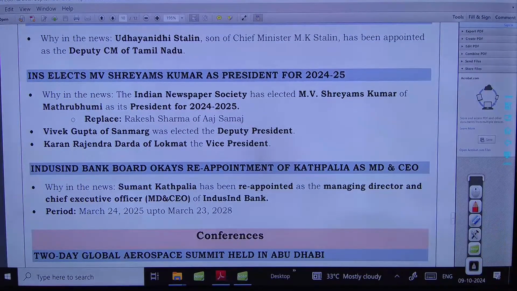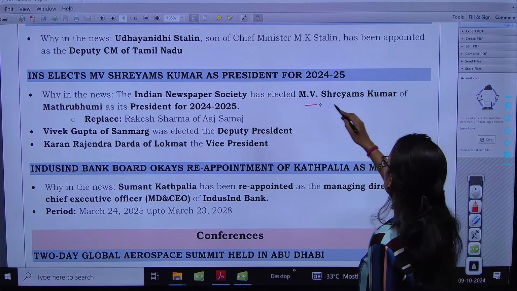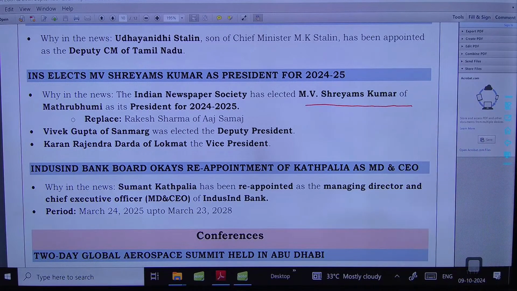Then you have Indian Newspaper Society elected M.V. Shreyams Kumar of Matrabhumi as its president for 24-25. So the person will be replacing Rakesh Sharma of Aaj Samaj, and Vivek Gupta of Sanmarg was elected as the deputy president.